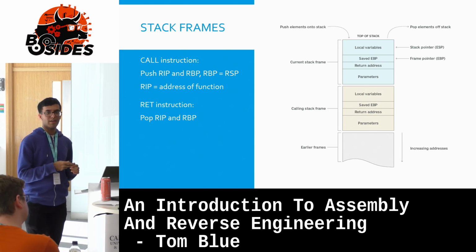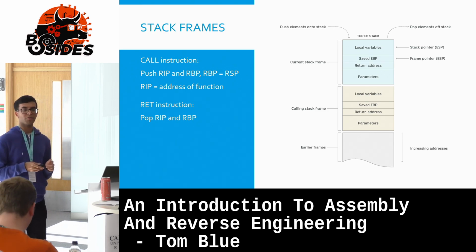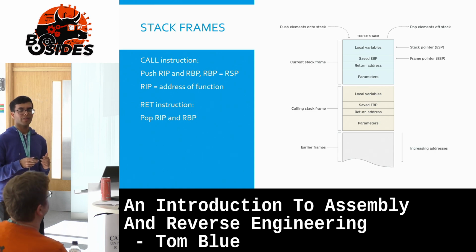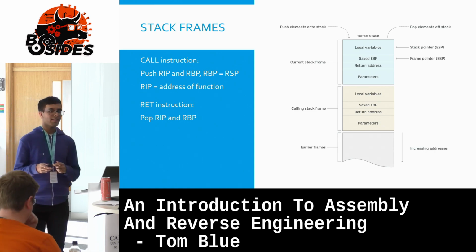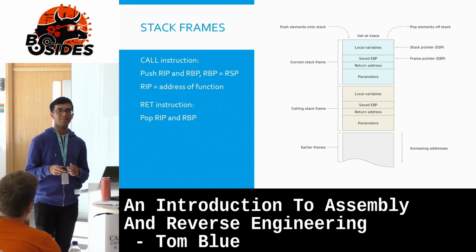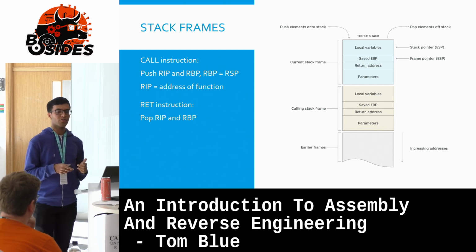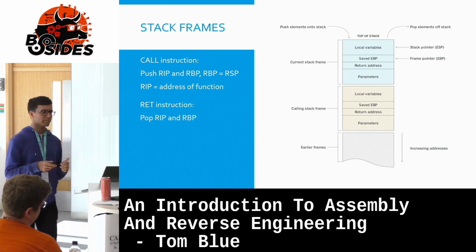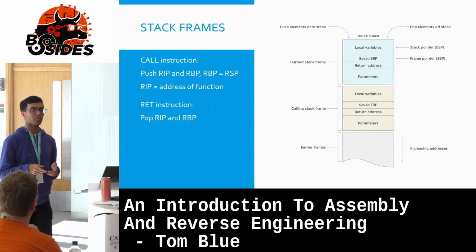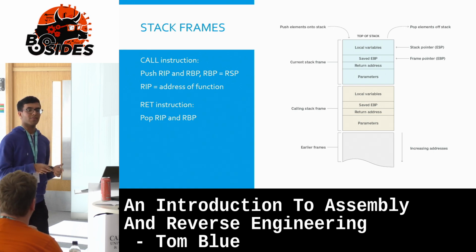So if you're familiar with variable scoping, where a variable only exists within a certain function, that's because once the function ends, the stack frame is destroyed, and so those variables are no longer accessible. Whereas variables declared in the function that called the function you're currently in, they still do exist because that stack frame still exists under the stack frame you're currently in. This is relevant for stuff later on in the talk.